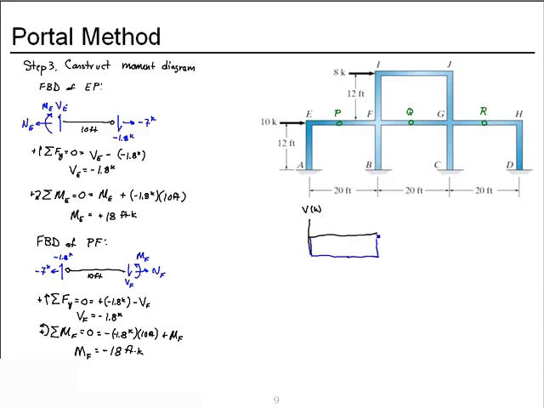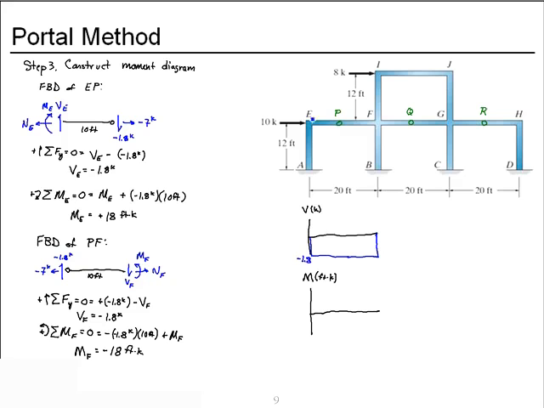There's no applied load between E and F, so the shear diagram remains constant throughout, which means my moment diagram should have a constant but negative slope, therefore a linear shape.